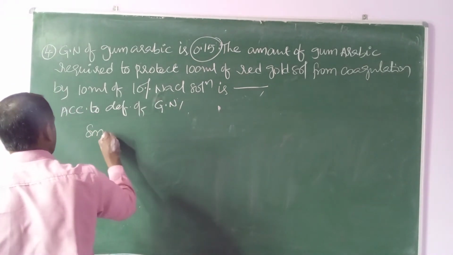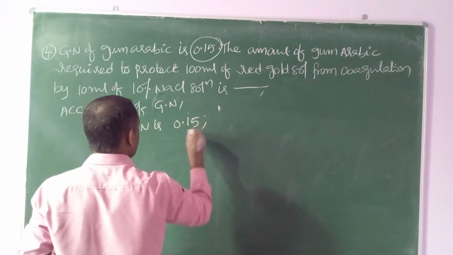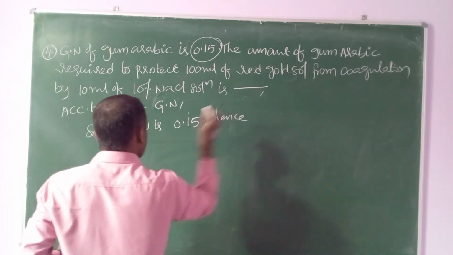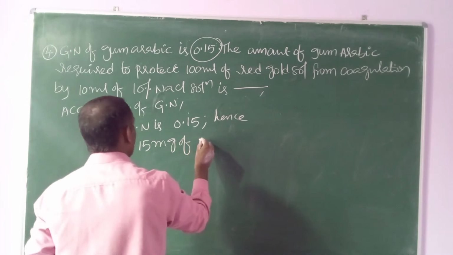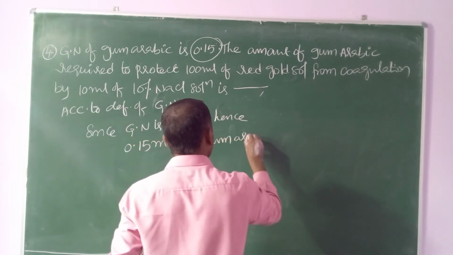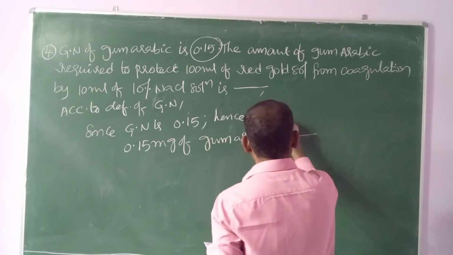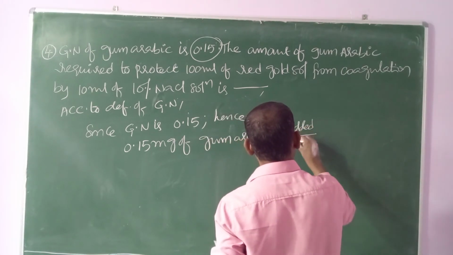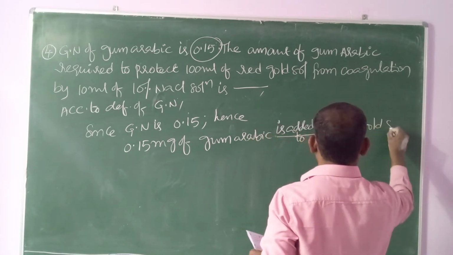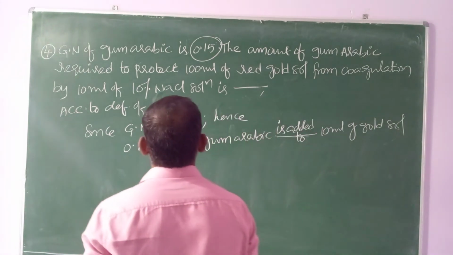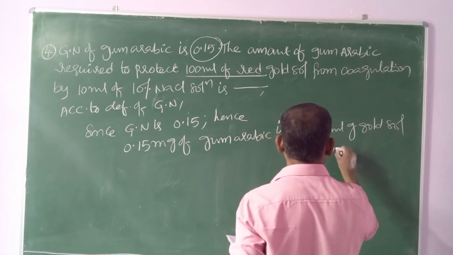Since gold number is 0.15, therefore 0.15 milligrams of gum arabic according to definition is added to 10 ml of gold sol. But here how much gold sol have they given? 100 ml of gold sol.